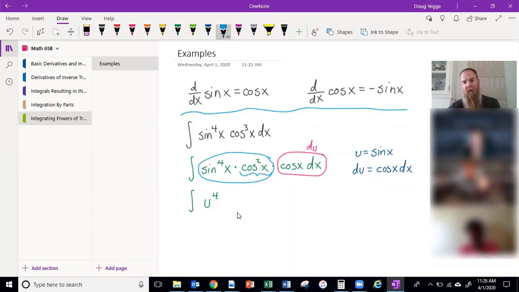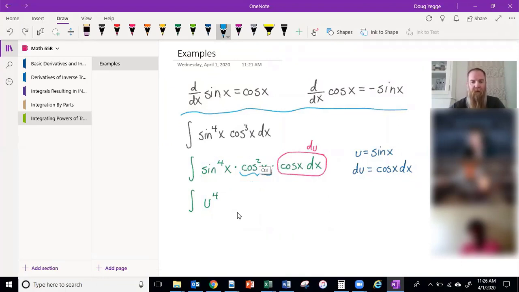So the tip that Sean noticed on the videos was that if you ever see an odd degree like 3, or in either one of them has to be odd, it doesn't really matter. Okay, if you see an odd power, separate one of those off, and that will become the derivative of sine x or cosine x, depending.